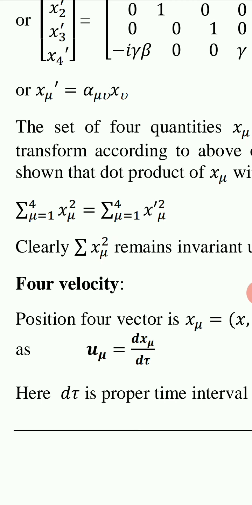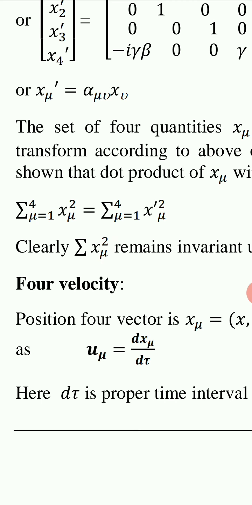Remaining invariant under Lorentz transformation means its value is the same in both the frames, unprimed frame S and primed frame S dash.